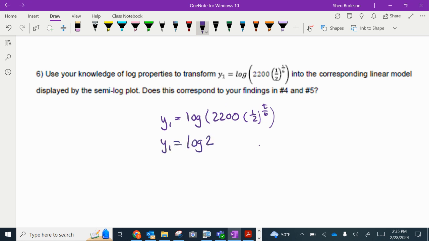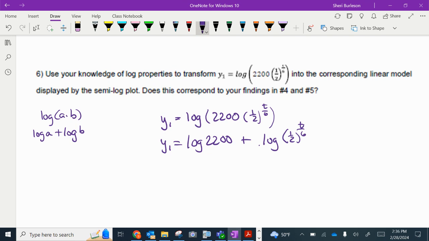That means I can add, right? Because didn't our property say log of A times B is log A plus log B? If I was multiplying with the same base, I was adding my exponents, and logs are exponents, right?